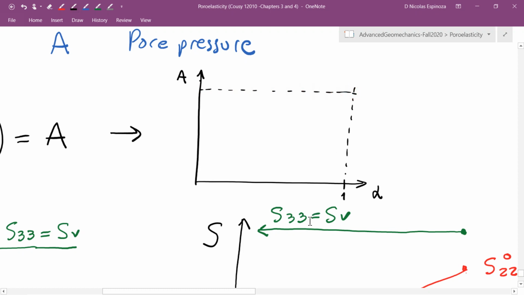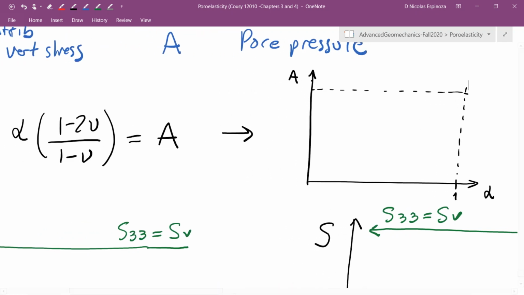And for example, if the Poisson ratio were equal to 0, then this will be 1/1, and since alpha is already equal to 1, A is going to be equal to 1. So that's going to be a point over there. And such a curve will look like this. So this will be for Poisson ratio equal to 0. What does it mean, Poisson ratio equal to 0? That means a rock that does not expand laterally when you add an effective vertical stress on it.